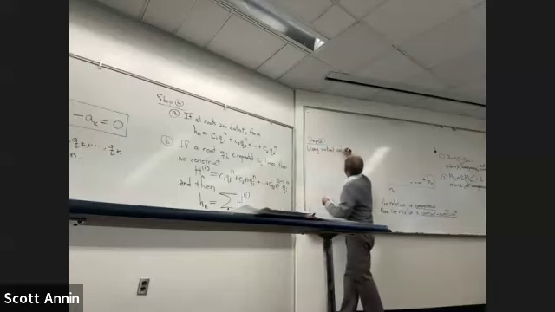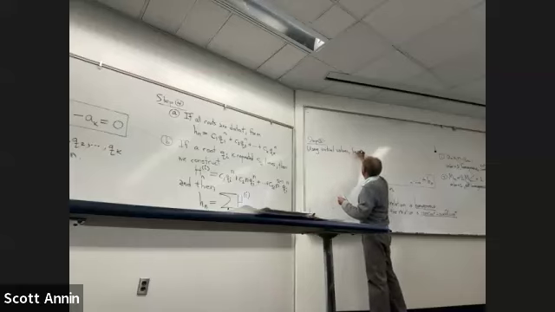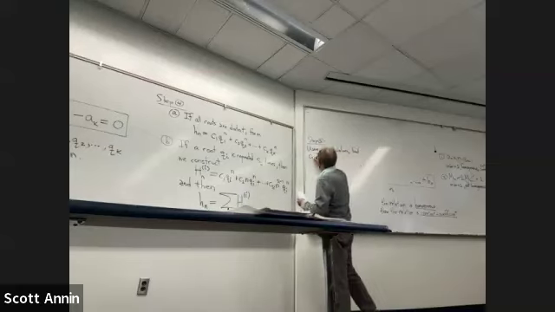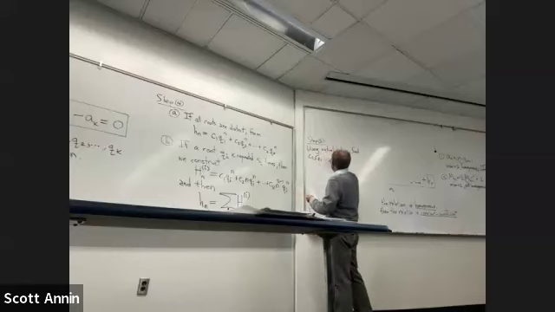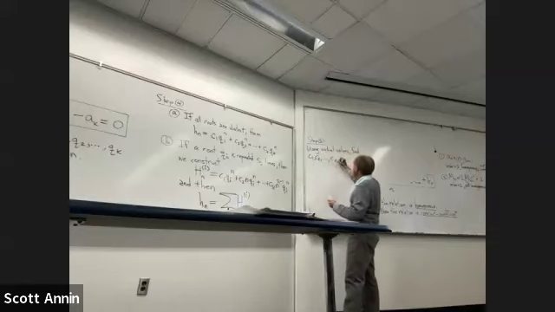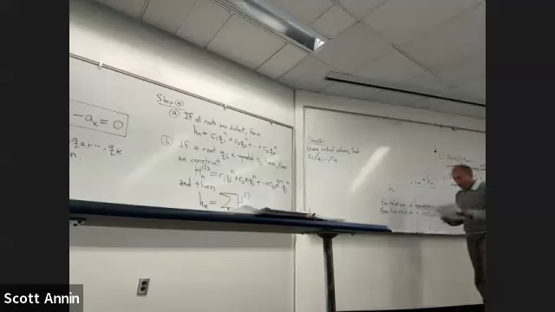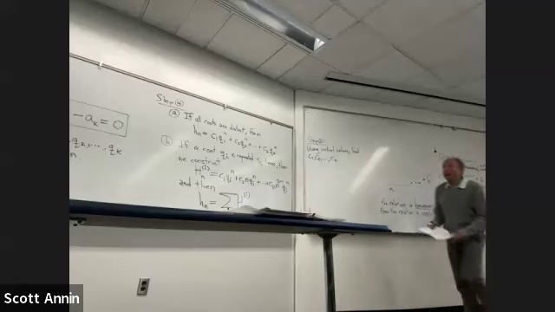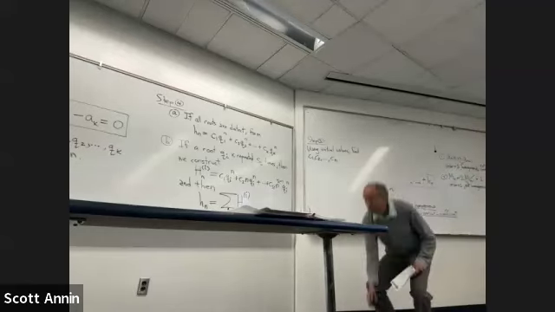Using initial values, find the constants C1, C2, dot dot dot, up to C sub n. And there would technically be n of them for a recurrence relation of this nature.